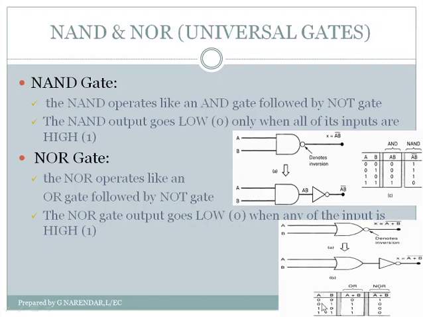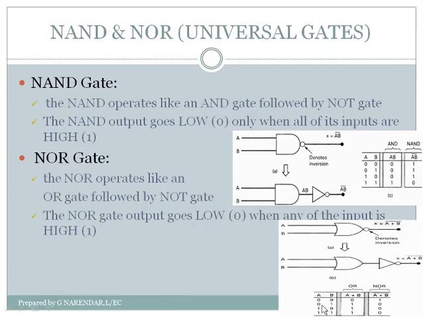So similarly, if we take the second case where A equal to 0 and B equal to 1, then X equal to (A plus B) bar becomes (0 plus 1) bar, and 0 plus 1 is 1, becomes 1 bar finally, and 1 bar is 0. So the output of NOR gate is 0.